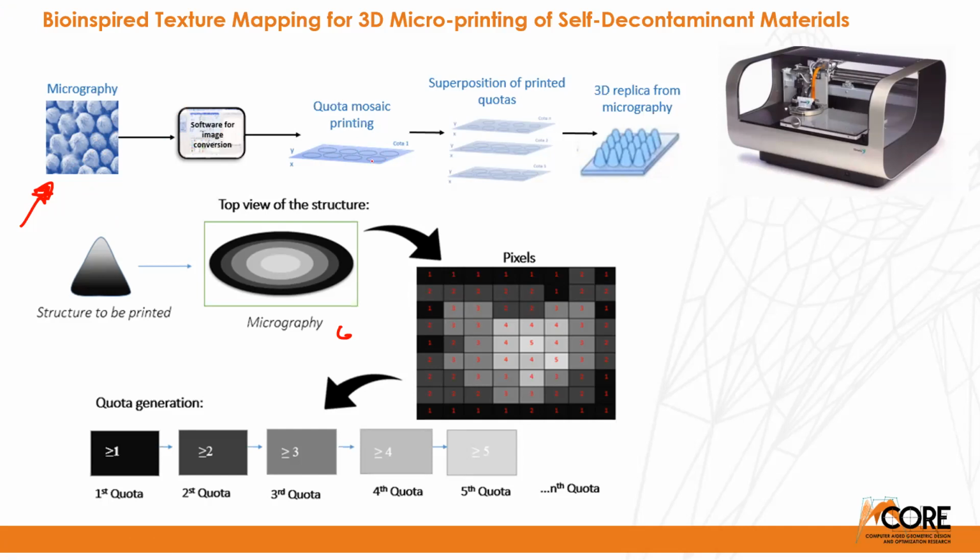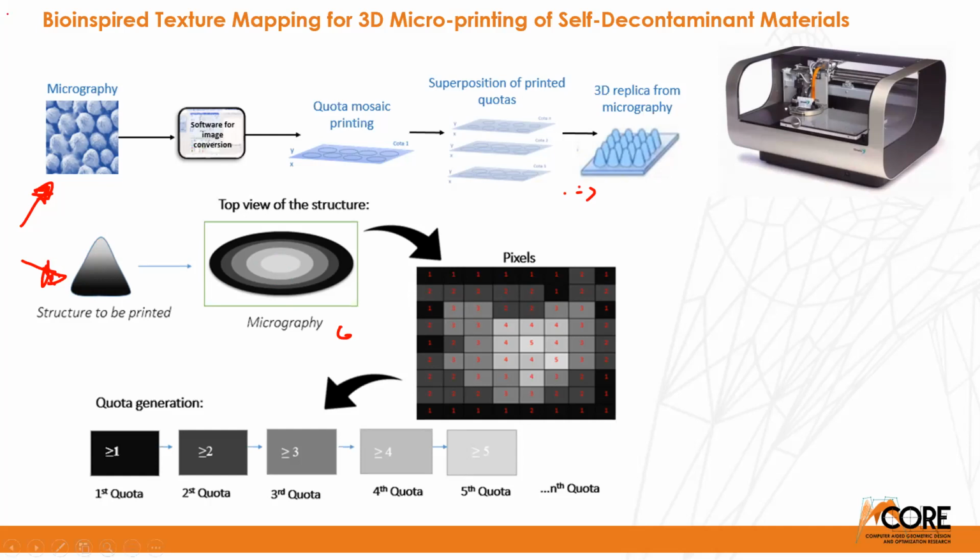The idea is to produce several layers from the image to send to the printer. So the printer will print the structure in 3D layer by layer. What you get is this structure, where darker is lower height and lighter is higher.